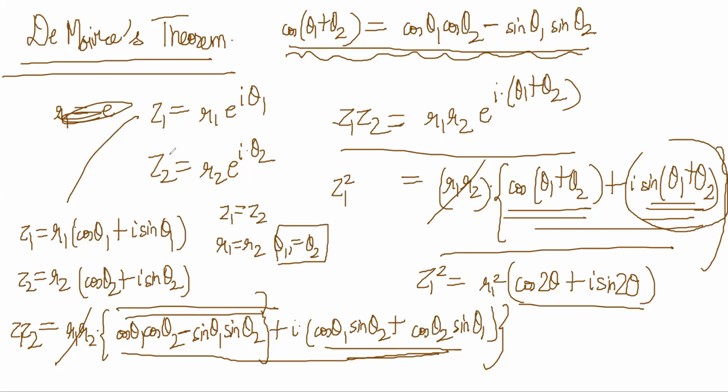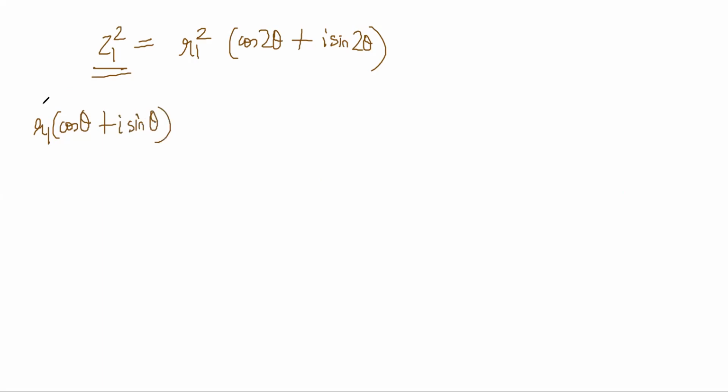So what we are getting is, I'll write it here: Z1 square is equal to R1 square (cos 2 theta plus i sine 2 theta). And if you write it like this, R1 (cos theta plus i sine theta) whole square is equal to R1 square (cos 2 theta plus i sine 2 theta).